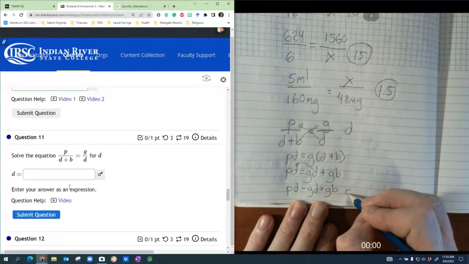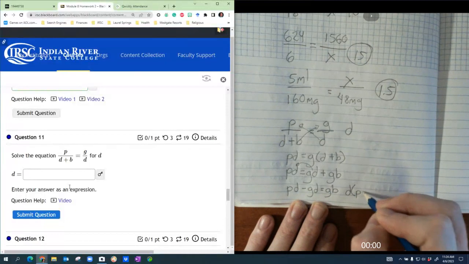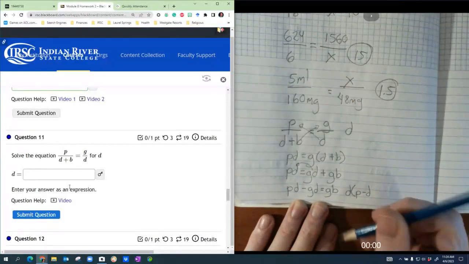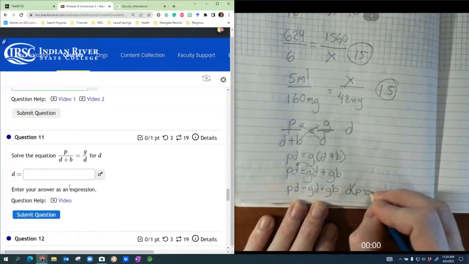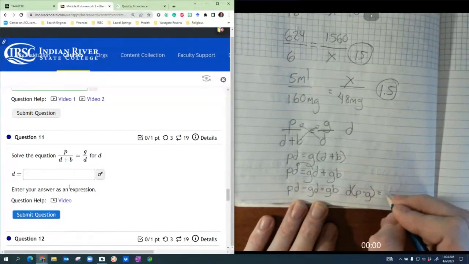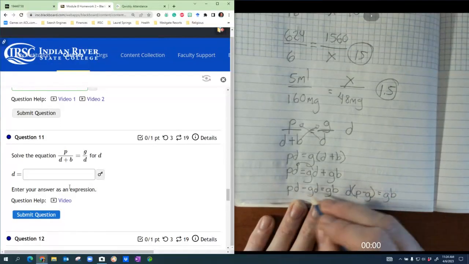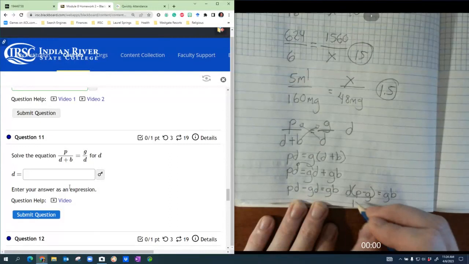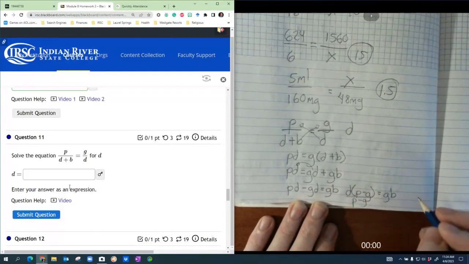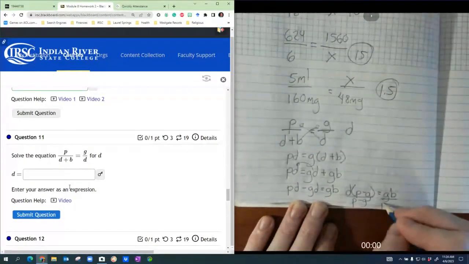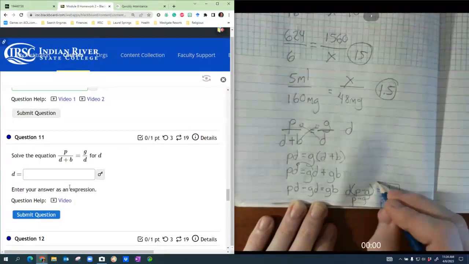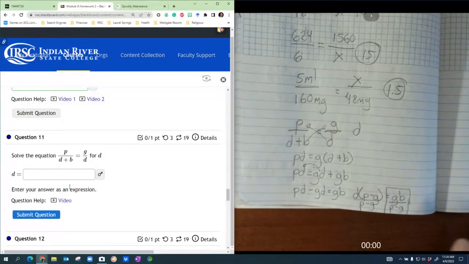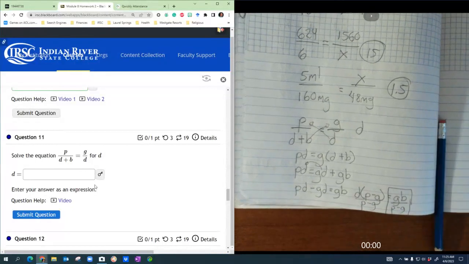So I can factor out a D. I'm sorry, I needed to put G. And then now that D is not with these two, I can divide both sides by P minus G. And here is what D represents then. Okay, so I would have that as my answer.